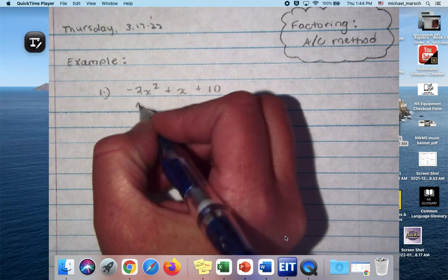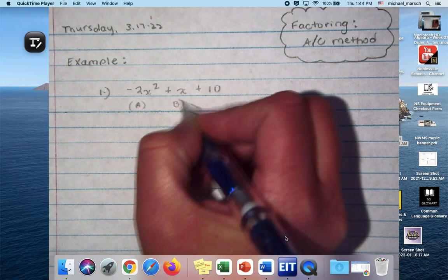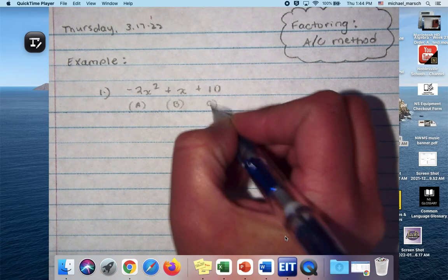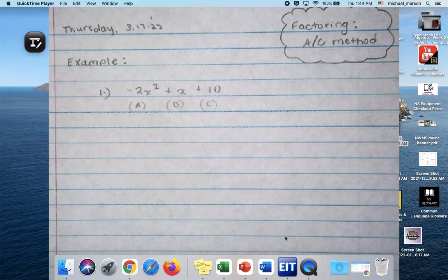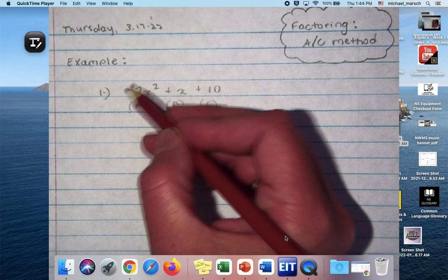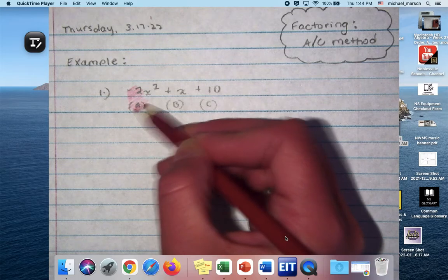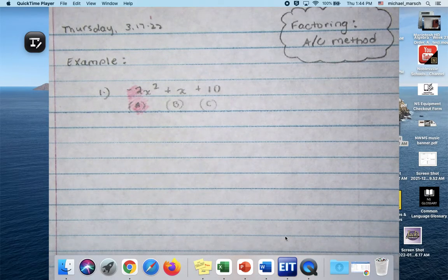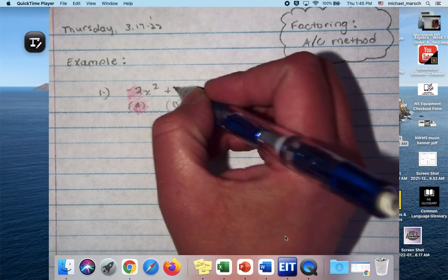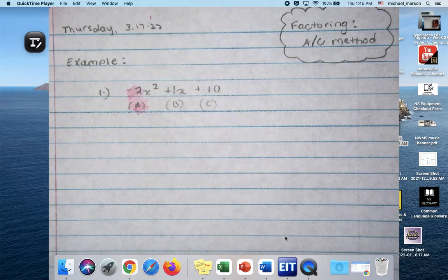This is considered A, this is considered B, and this is considered C. So A is going to be the negative 2. B is going to be considered a 1 because there's that secret 1 hiding there.